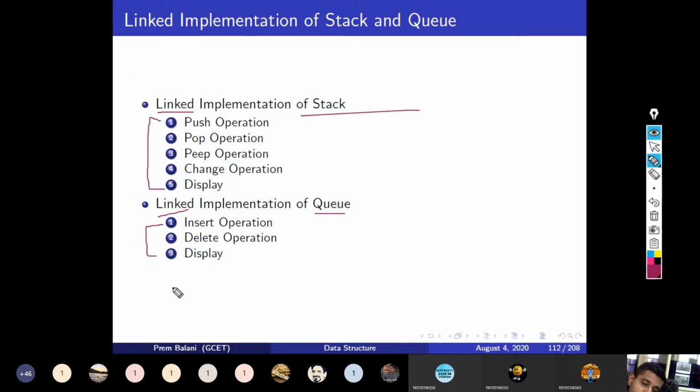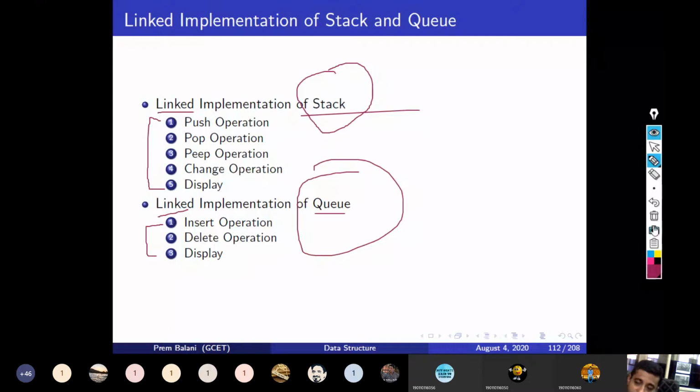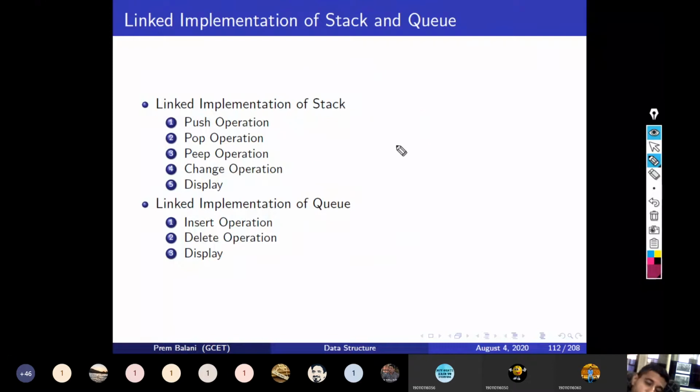So the stack can be implemented through any of the four types of linked list, and the queue also can be implemented by any of the four types of linked list, right? So there are 8 possible programs in this single slide. You can write 8 different programs from this slide.